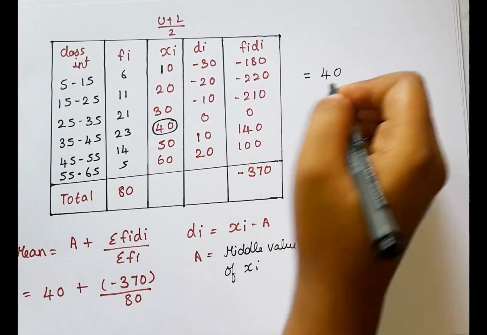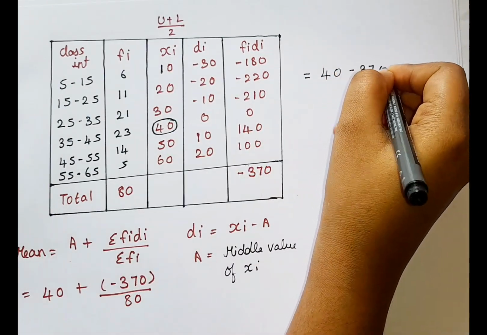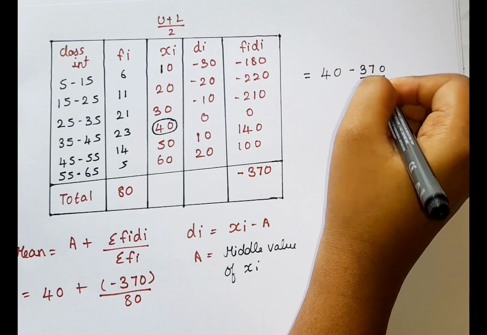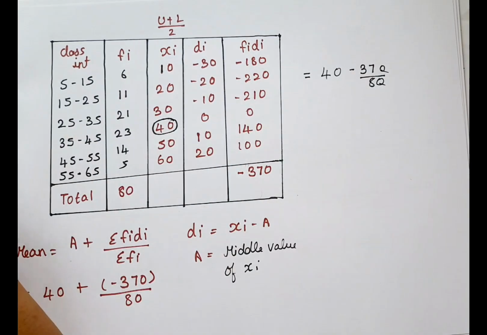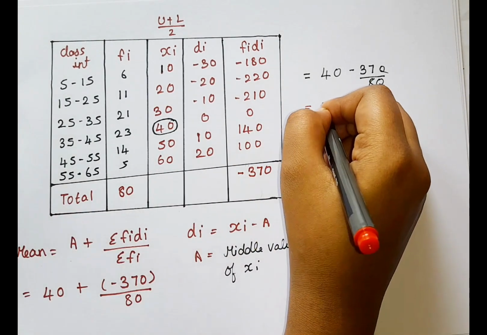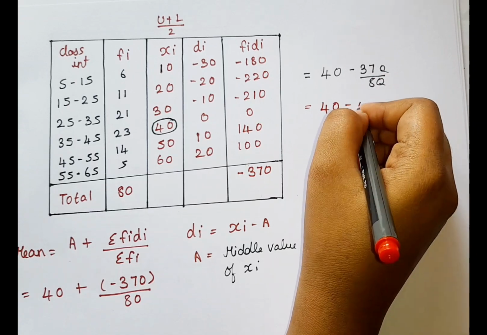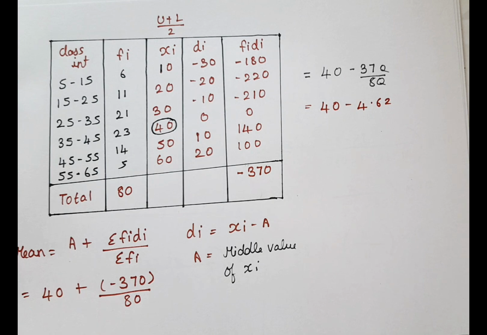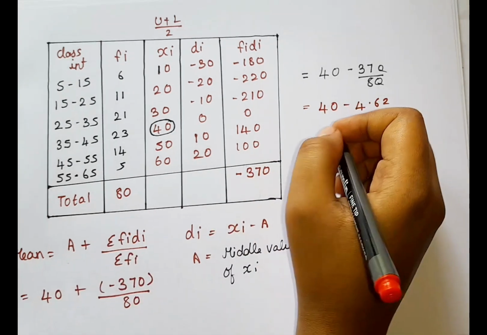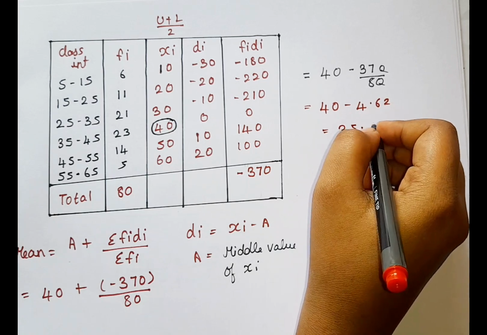Plus into minus is minus, so 40 minus 370 divided by 80. Now we can cancel the zeros, so it is 40 minus 37 divided by 8, which is 4.62. Now we subtract them, and we'll get 35.38.